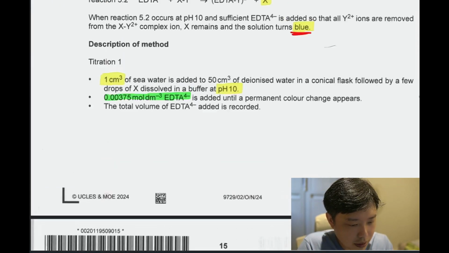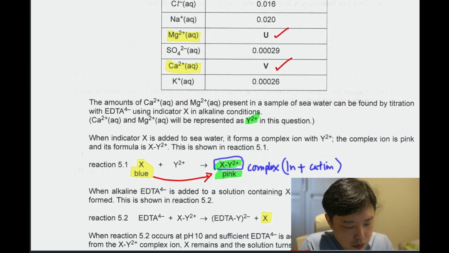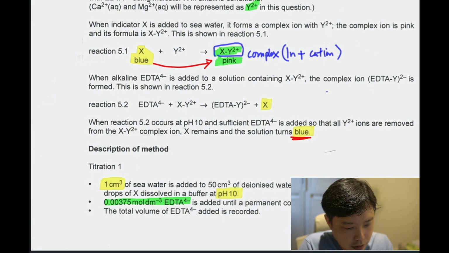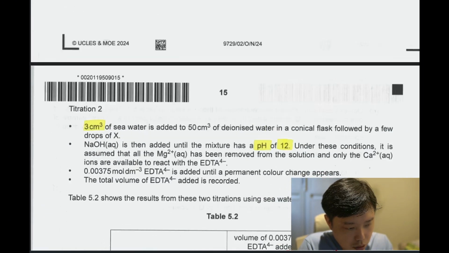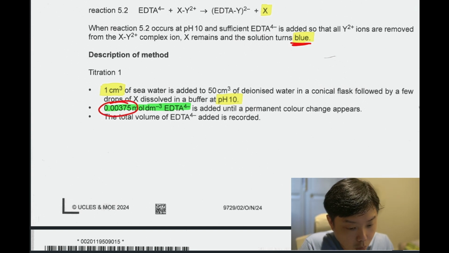So basically, they want you to solve for U and also V. This should be quite straightforward. You basically just use the concentration of EDTA because it is 1:1 to your cation. So you just take the concentration multiplied by volume of EDTA used.